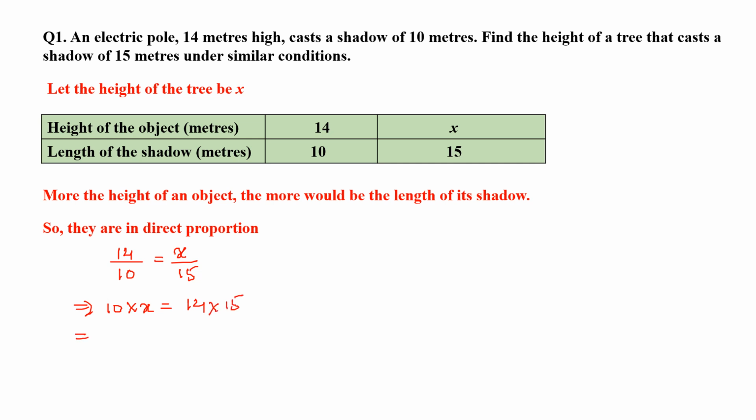And when I am transposing 10 to the other side, it will be 14 into 15 by 10. And let's reduce it. 5 times 2 is 10, 5 times 3 is 15, 2 times 1, 2 times 7. So 7 into 3, 21 meters. Okay. So here we have seen the height of the tree will be 21 meters.